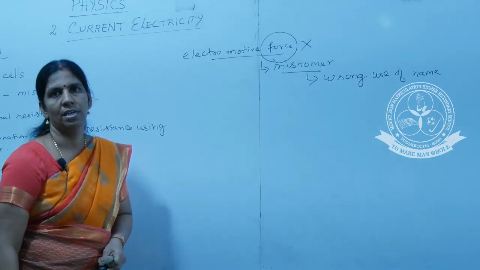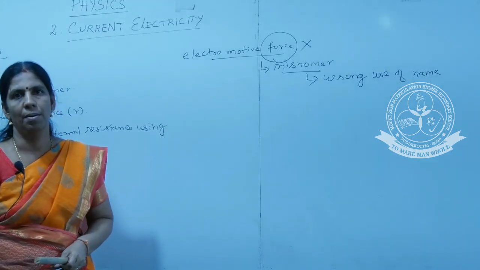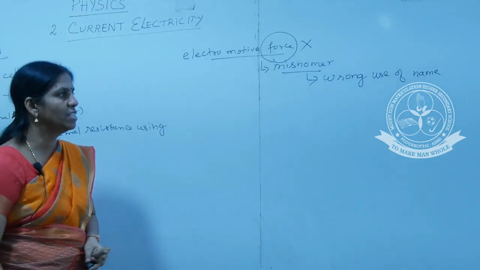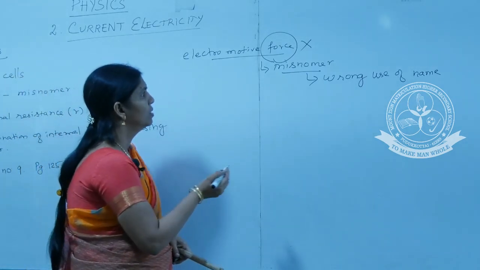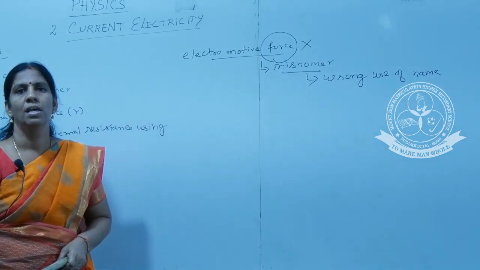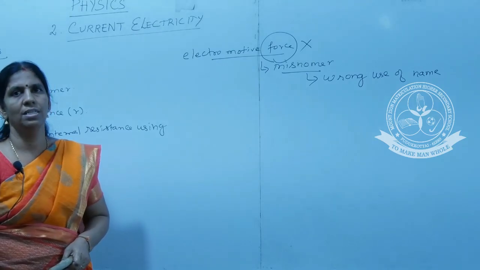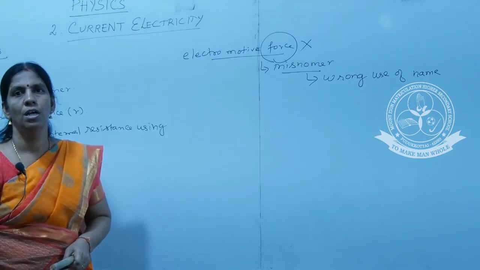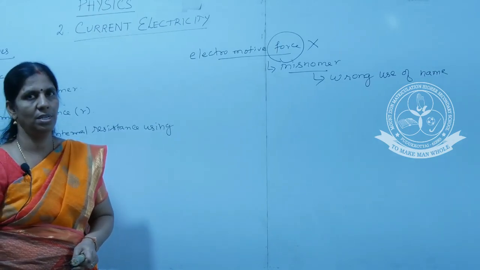Instead, it is the potential difference provided by the battery or the cell for any charge to move throughout the circuit. So we may also explain this EMF as the work done by the battery or cells or a single cell to move the charge throughout the circuit.